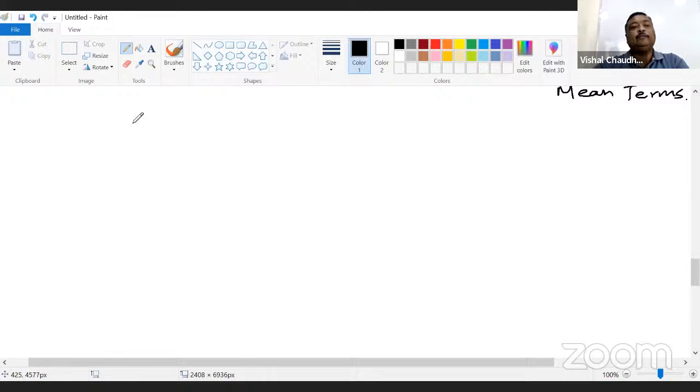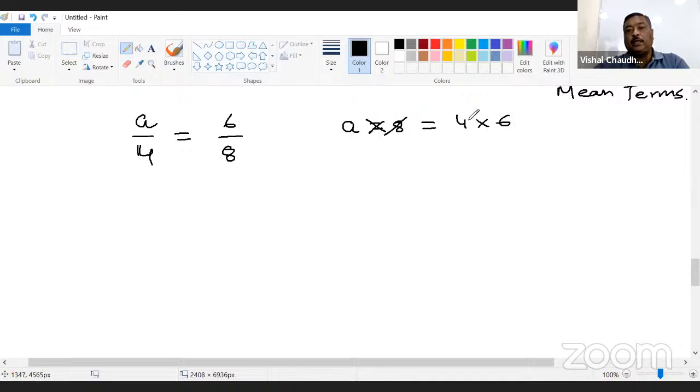If we have A by 4 is equal to 6 by 8, we can find out the A. A multiplied by 8 is equal to 4 multiplied by 6, 2 times and 3 times, isn't it? We can get.